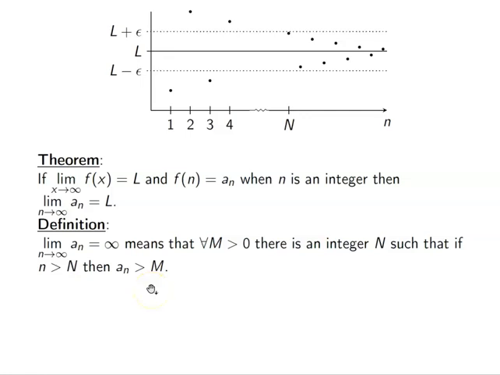So basically what this means is that if my limit goes to infinity, the terms just get bigger and bigger and bigger. It doesn't matter where I try to cap my sequence at, I can always find a value larger.